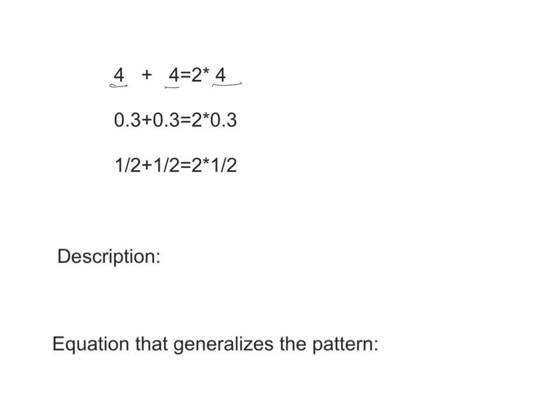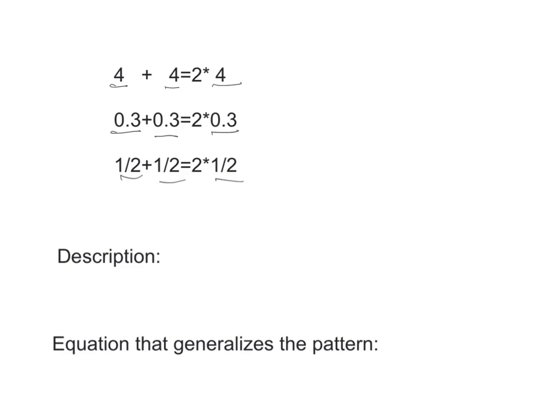In the next one, I have a 0.3, a 0.3, and over here another 0.3. Down here, a half, a half, a half. Then I go through and see what I have in common in all three. It shows up in all three equations.